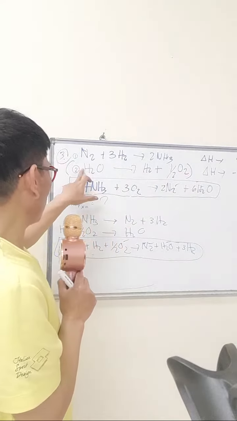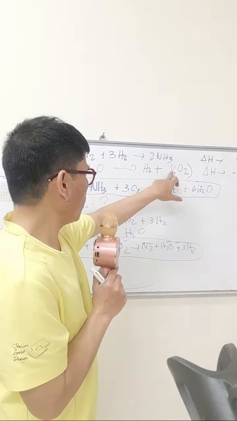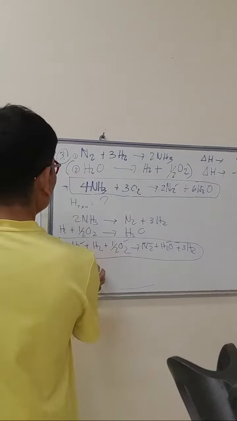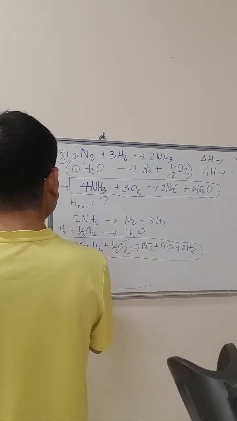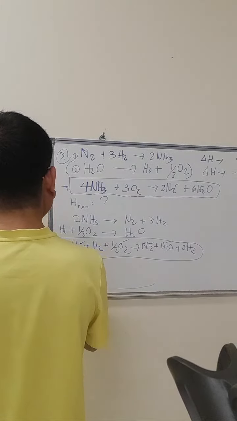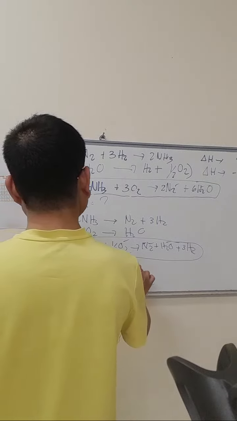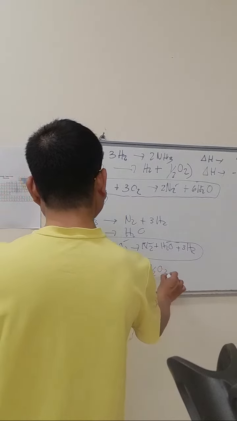So 6 moles of H2O, 6 moles of H2, and 3 moles of O2. Now put that here. So you have now 6 moles of water in equation 2.